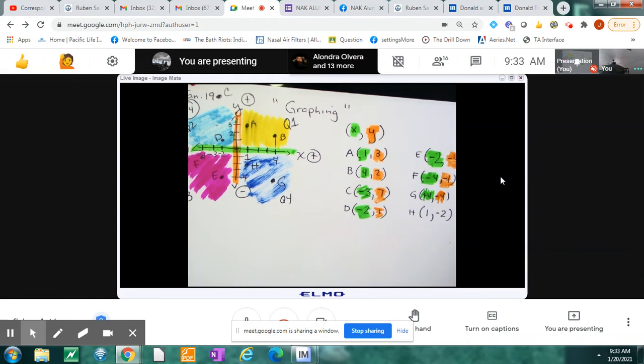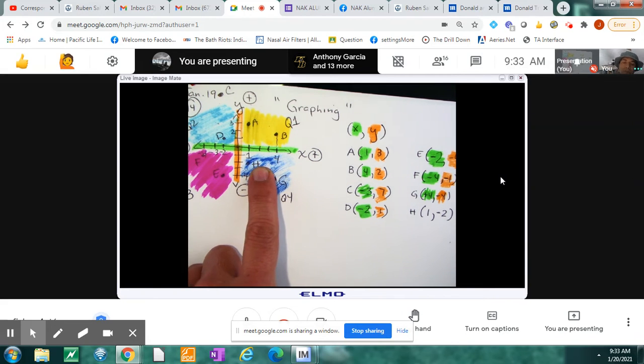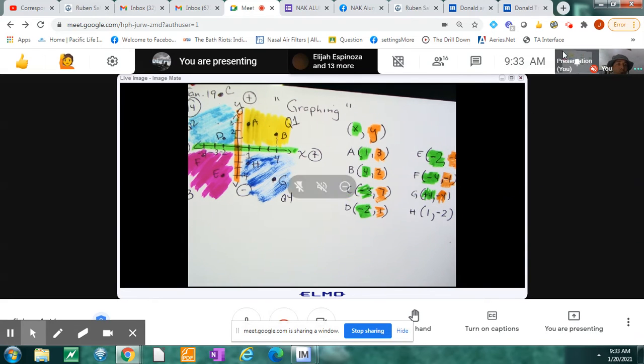All right, so let's see. Isaiah. How about Ruben? Ruben, can you give me a coordinate that's going to fall in quadrant 4? 5 and -3. Very good, Ruben. 5, -3. How about Tadeo? Tadeo, a coordinate that's going to fall in quadrant 4? Tadeo?